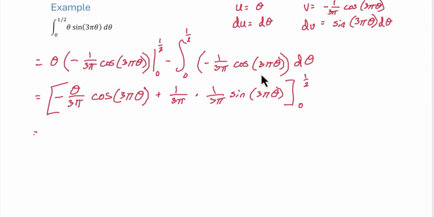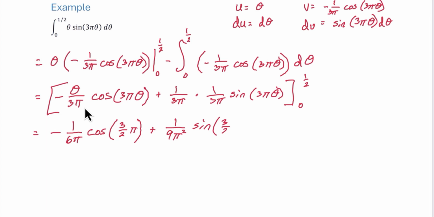Next, let's go in and plug in those limits. First, we'll plug in 1/2. Plugging in 1/2 here will give us negative 1 divided by 6 pi times the cosine of 3/2 pi plus 1 divided by 9 pi squared times the sine of 3/2 pi.